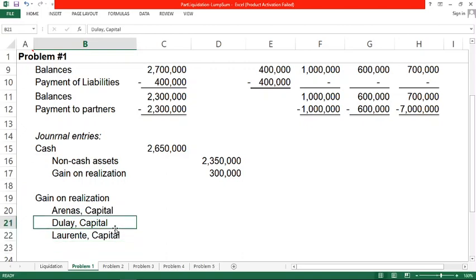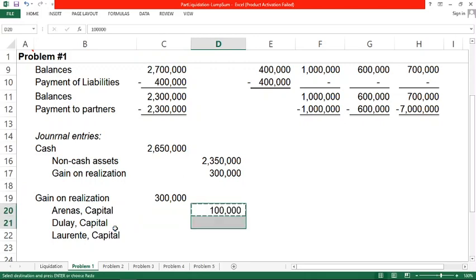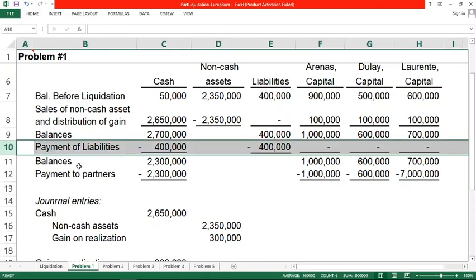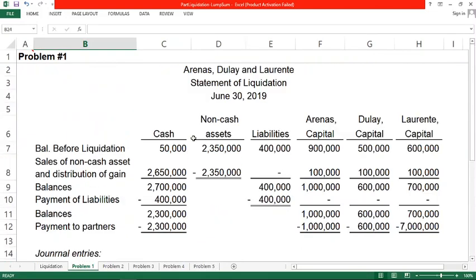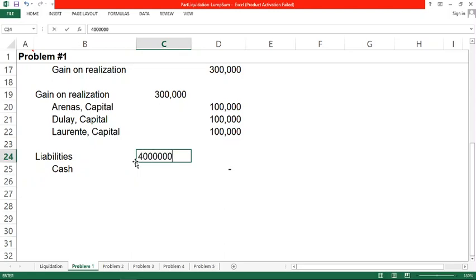They shared equally, right, 300, so they will have 100,000 each. After this entry, what did we do next? After distribution, we paid for the liabilities. So that is, he did not say which particular liability. So let us just debit liabilities and credit cash in the amount of 400,000.